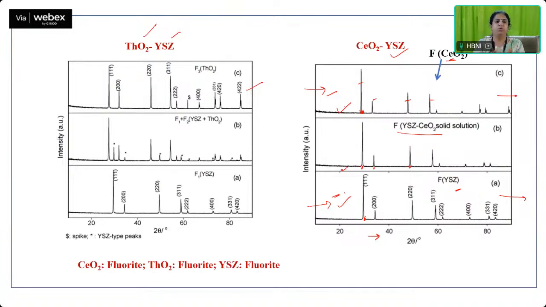I only want to show you how you can study whether your solid solution is forming with the help of XRD. So when you look at this composition, where I have taken 50-50% of thoria and YSZ, you see that there is one set of peaks that corresponds to thoria, and another set of peaks that corresponds to YSZ. That means both thoria and YSZ want to retain their own identity.